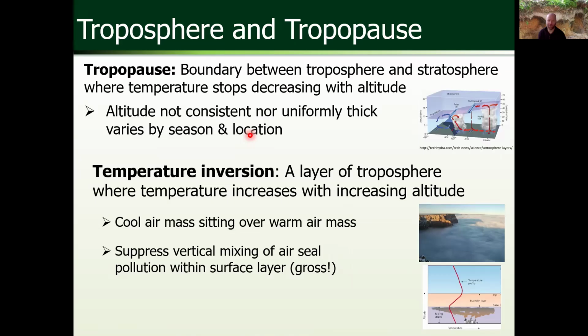So now let's move on. As you go up again, it's cooling, it's cooling, it's cooling, and then you can reach the tropopause, which is the top of the troposphere, and appreciate that over time and space, that height of the troposphere can be very different from one place to another or one place over time. It has a lot to do with temperature and hot air convective cycles, hot air rising and falling.